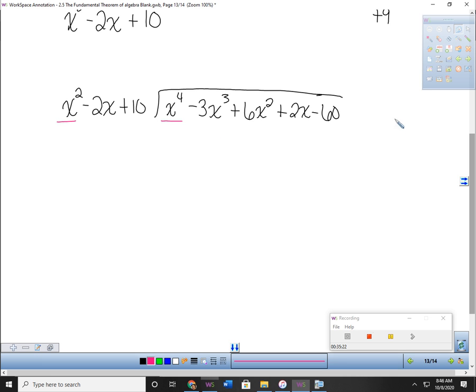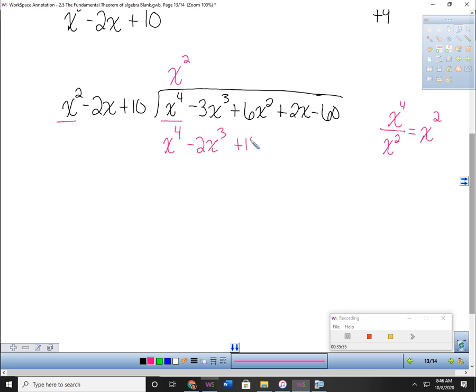So I've got x to the 4th divided by x squared. And that gives me x squared. Then we multiply. x squared times x squared is x to the 4th. x squared times negative 2x is negative 2x to the 3rd. And x squared times 10 is 10x squared.